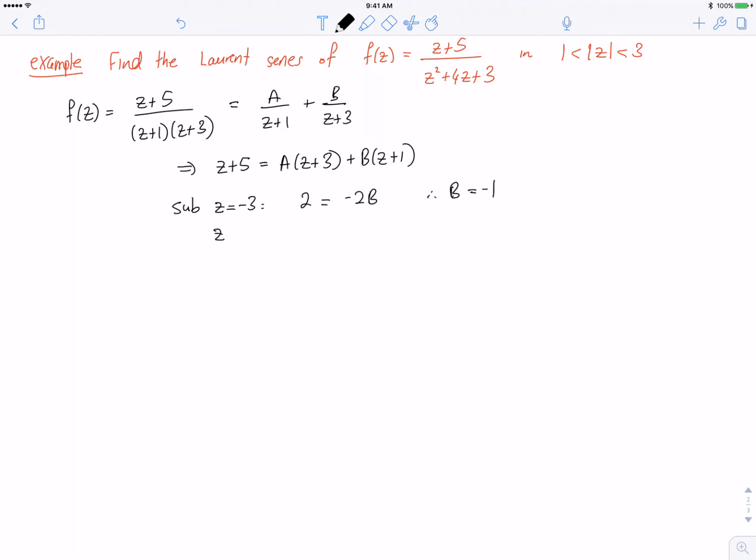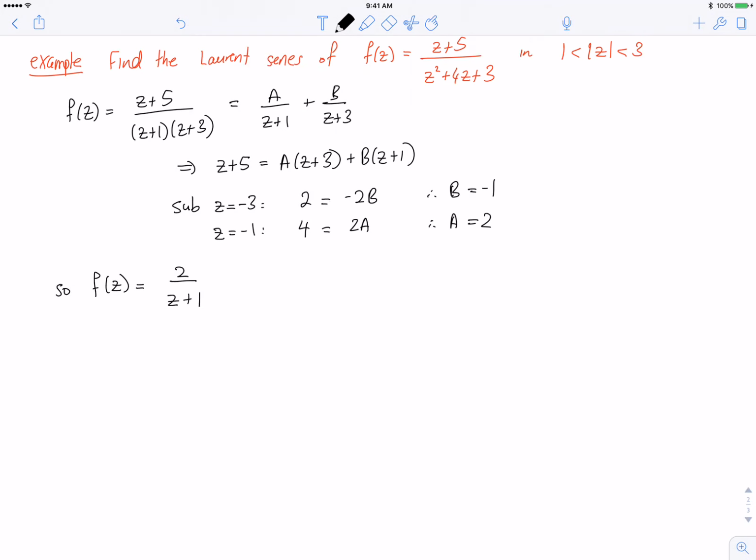If I substitute z equals -1 into this equation, the left hand side becomes 4, the right hand side becomes 2a, therefore a is equal to 2. So what that means is that f of z is equal to 2 on z plus 1 minus 1 on z plus 3.